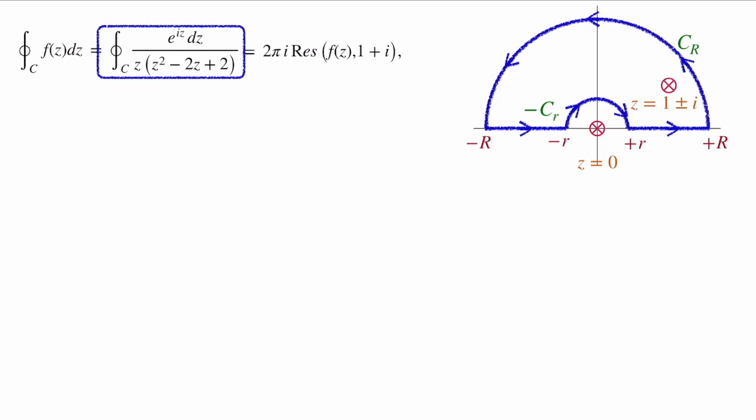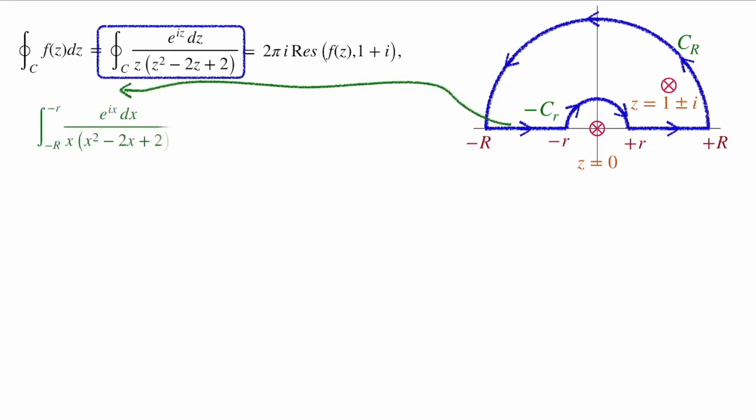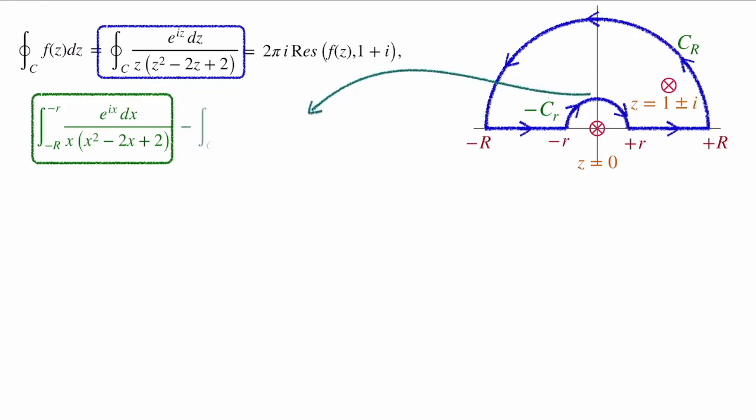The contour C can be split exactly into four terms. The first term is along the real axis from −R to −r, e^(ix) dx divided by x(x² − 2x + 2). The second term, with the negative sign, is along the circular arc C_r, e^(iz) dz divided by z(z² − 2z + 2).